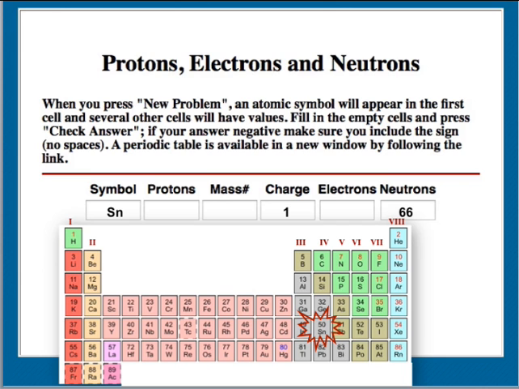So how many protons are we going to have? 50. If the atomic number is 50, we have 50 protons.